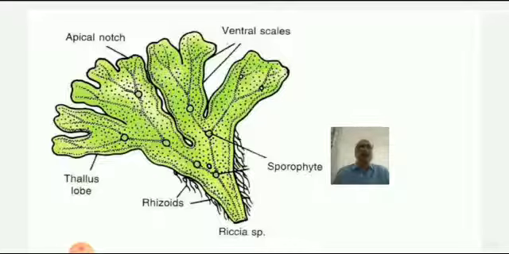The branching of thallus is dichotomous. Due to repeated dichotomous branching and also due to occurrence of such dichotomously branched plants together at a place, the plants often take a rosette form.